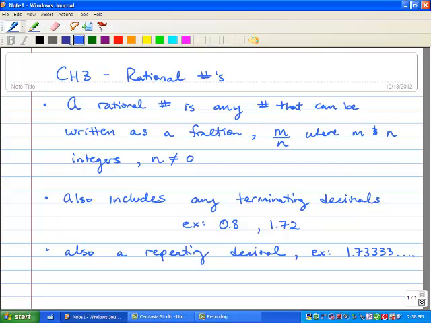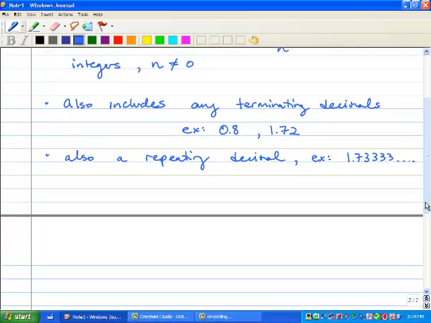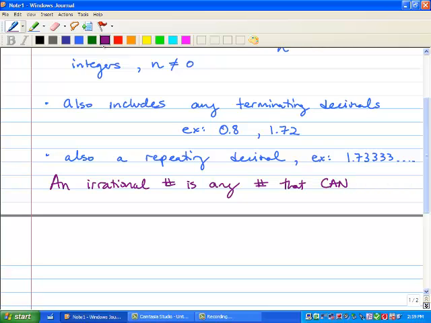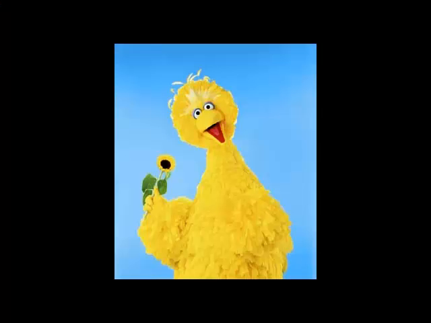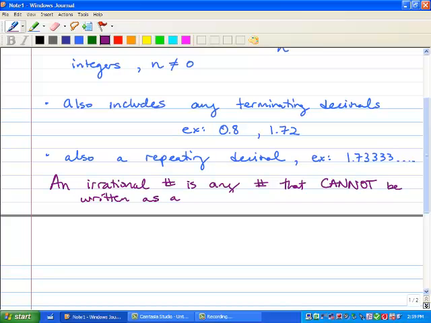Now, what is not a rational number? Well, that would be the opposite. It would be called an irrational number. So, an irrational number is any number that cannot be written as a fraction.